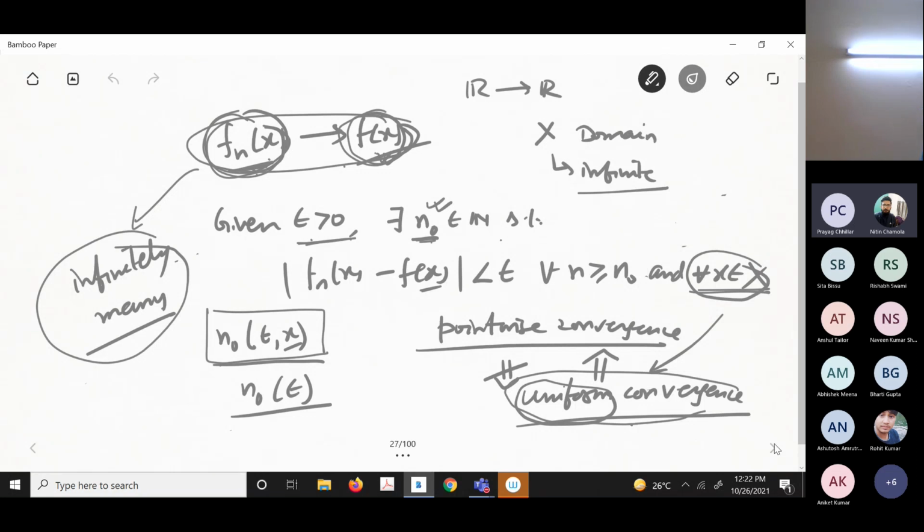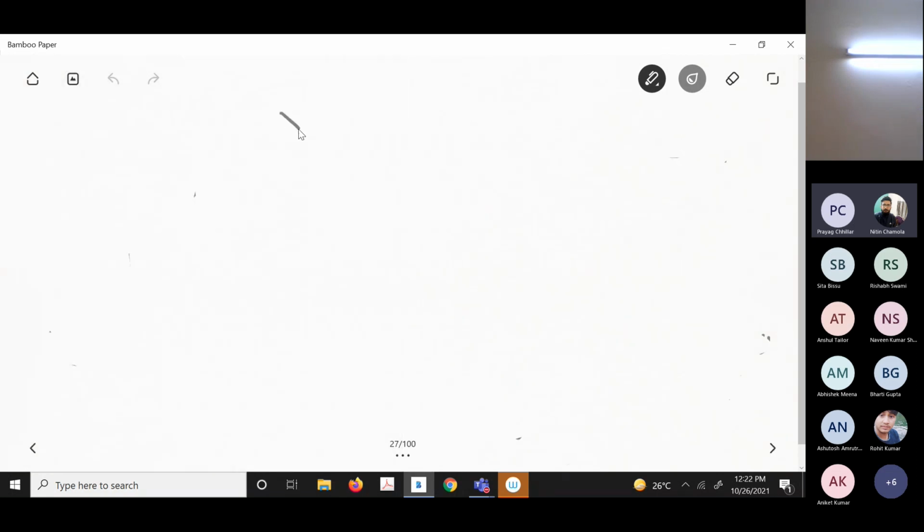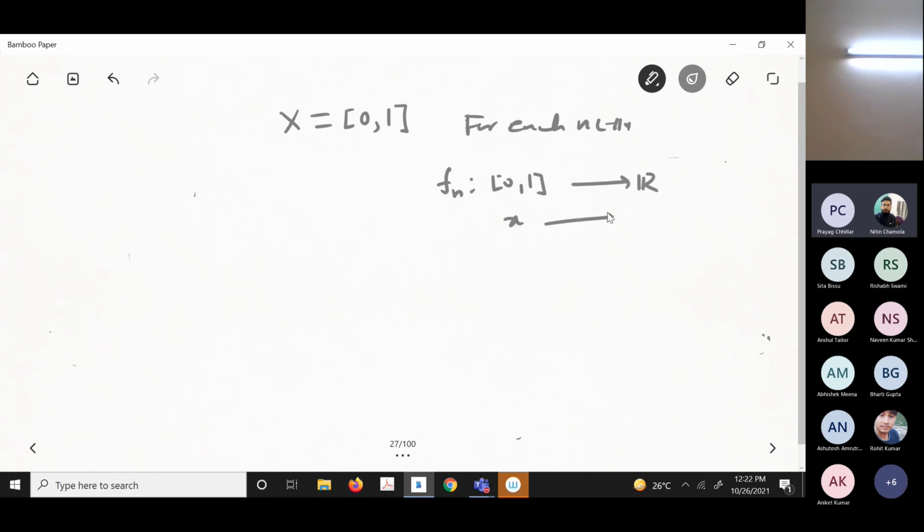The example is here. It looks simple. Here X you take [0, 1], and for each n you define a real valued function from [0, 1] to R by f_n(x) = x^n.